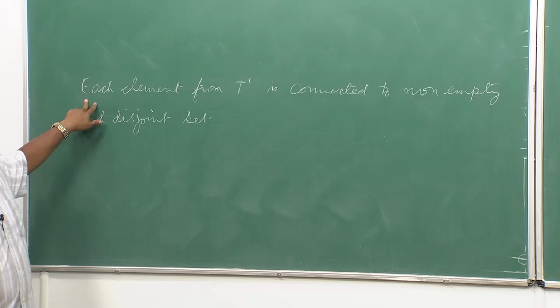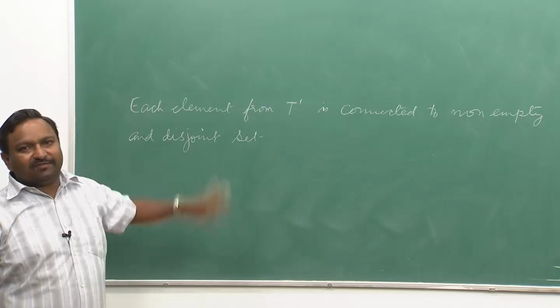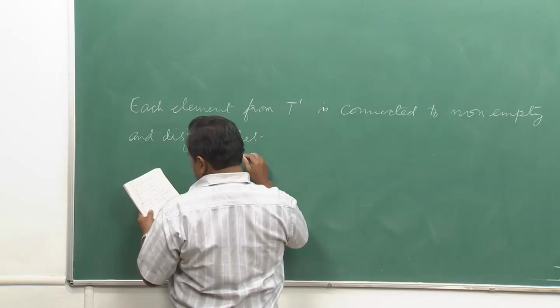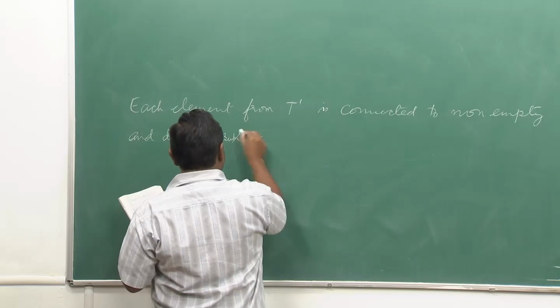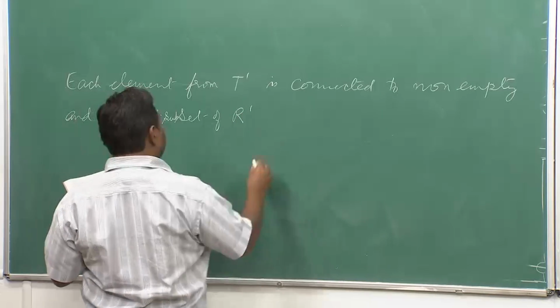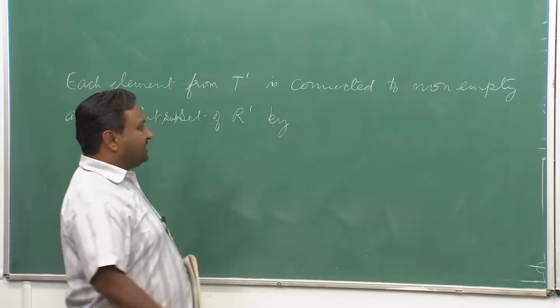One element from T prime or one port connecting to multiple ports is possible. So, this takes care of the multicasting scenario. Disjoint subset of R prime, and we define a very important term, legitimate multicast tree.